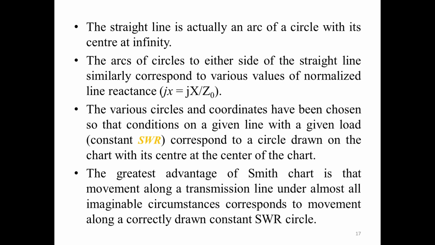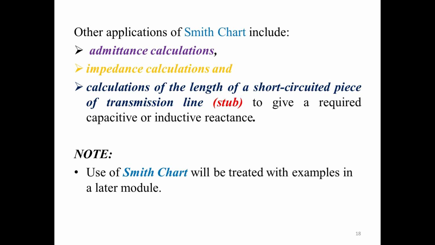The various circles and coordinates have been chosen so that conditions on a given line with a given load, that is constant standing wave ratio, correspond to a circle drawn on the chart with its center at the center of the chart. The greatest advantage of the Smith chart is that movement along a transmission line under almost all imaginable circumstances corresponds to movement along a correctly drawn constant standing wave ratio circle.